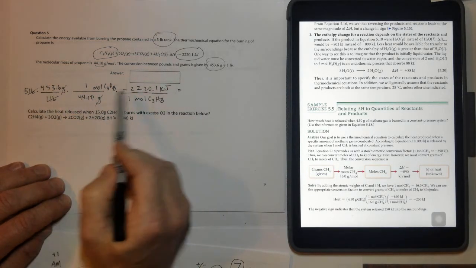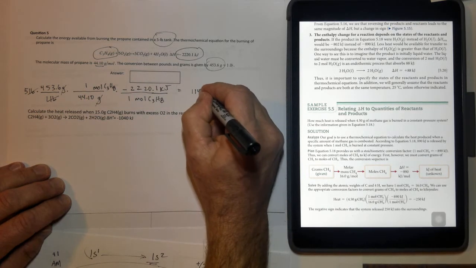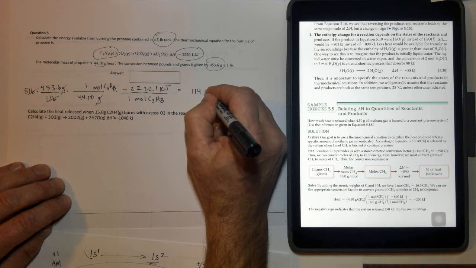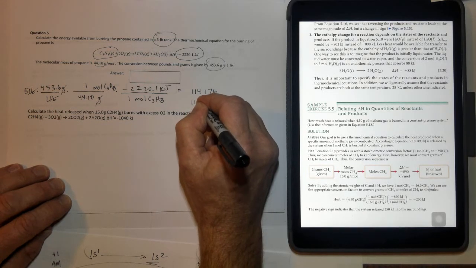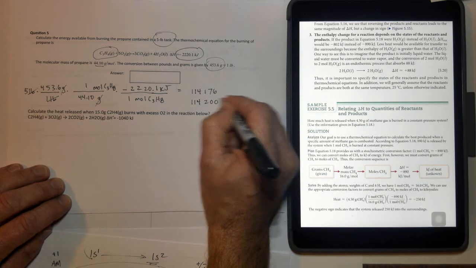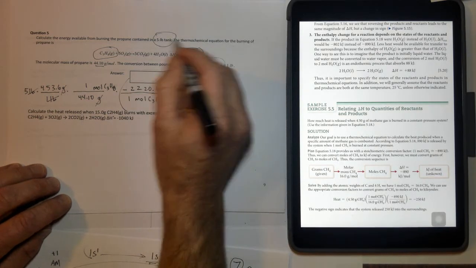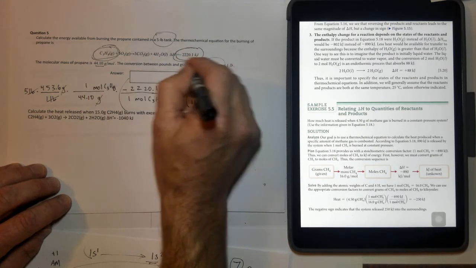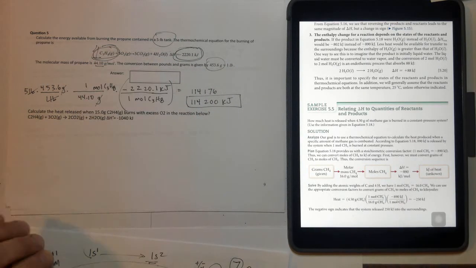Multiplying these together and dividing and then multiplying again, we end up with 114,176, or rounding to 4 sig figs, 114,200, and that would be in kilojoules. So the link right here, remember, is the stoichiometric relationship between the energy right here and the 1 in front of the C3H8.